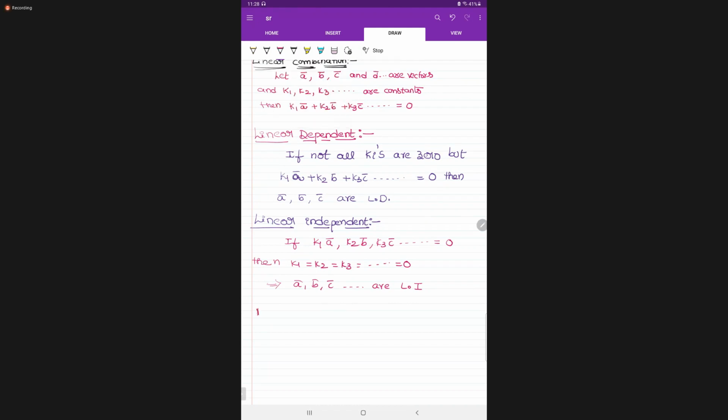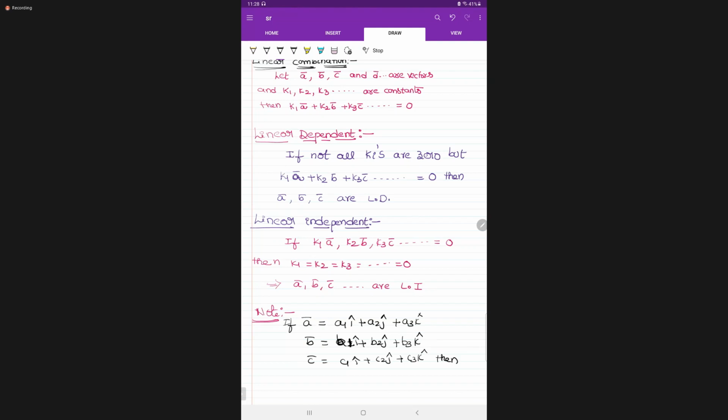Completed, students, everyone? Given vectors, to find whether they are linear independent or linear dependent: take A bar is equal to A1 I cap plus A2 J cap plus A3 K cap, take B bar is equal to B1 I cap plus B2 J cap plus B3 K cap, take C bar is equal to C1 I cap plus C2 J cap plus C3 K cap.